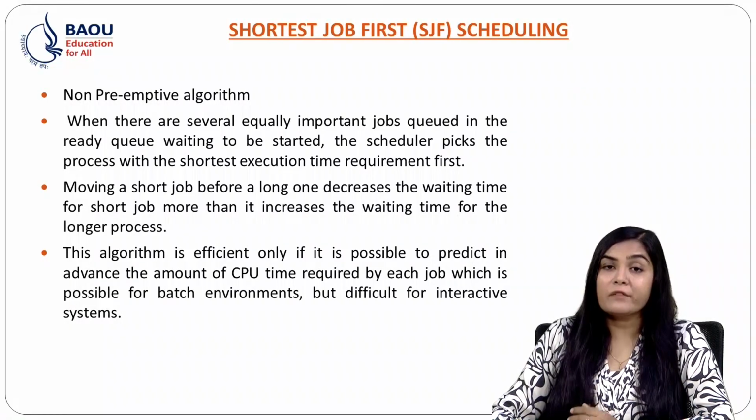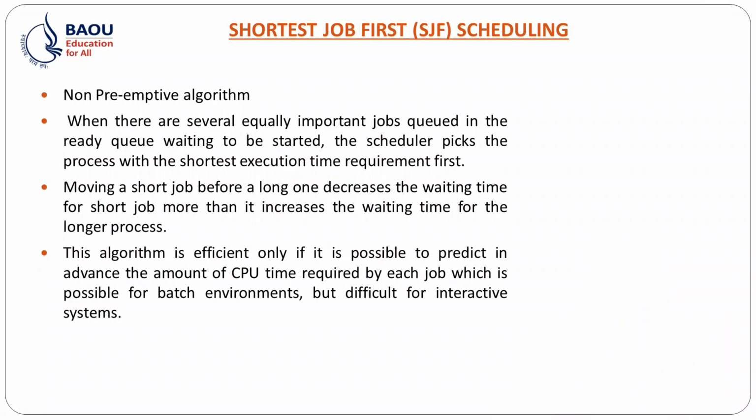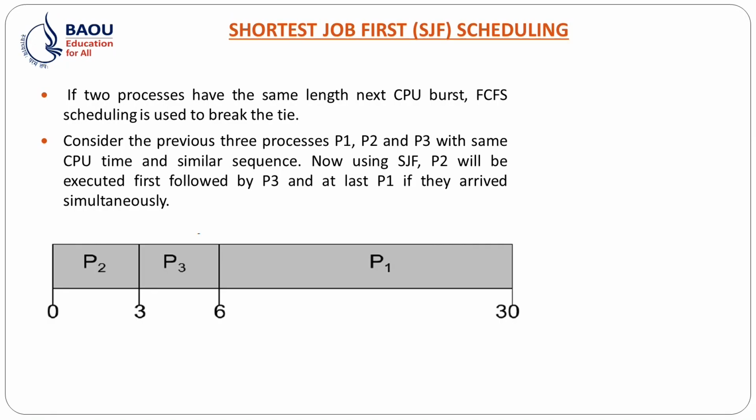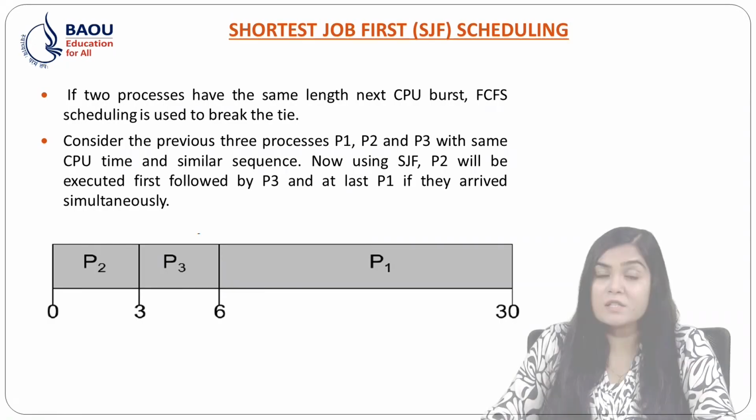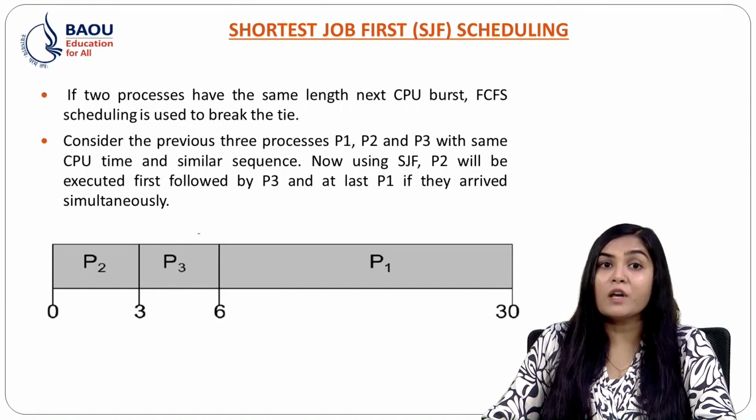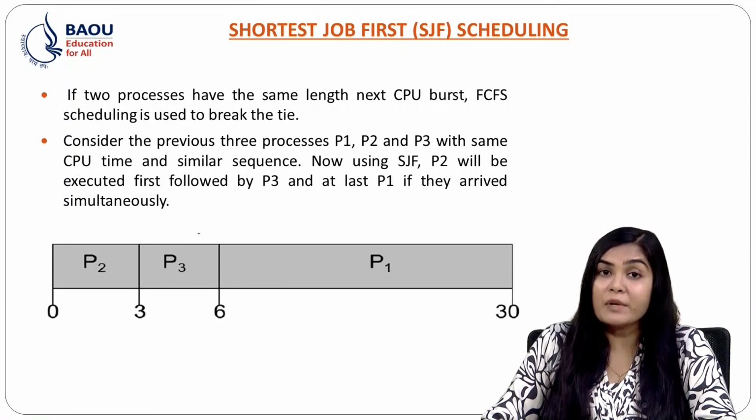Consider the previous three processes P1, P2 and P3 with the same CPU times and similar sequences. Now, using SJF, P2 will be executed first, followed by P3 and at last P1, if they arrived simultaneously.